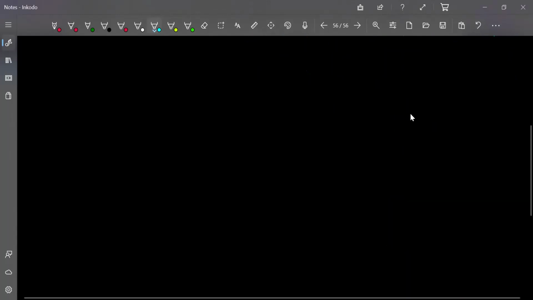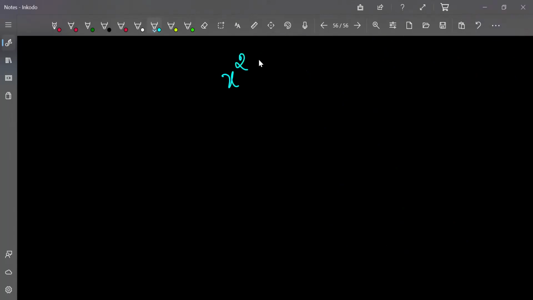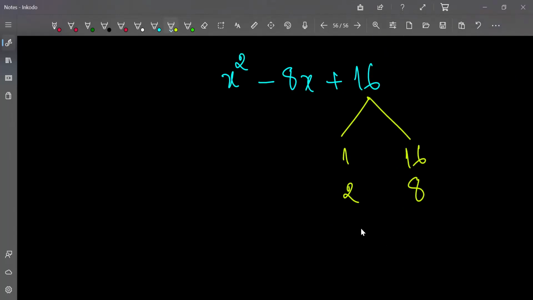Okay, so let's try another example. If I have x squared minus 8x plus 16. So now 16 we can write 1 and 16, 2 and 8, 4 and 4.